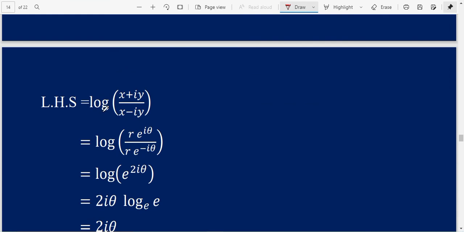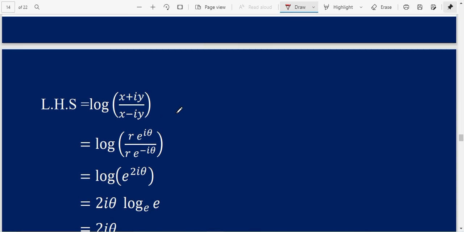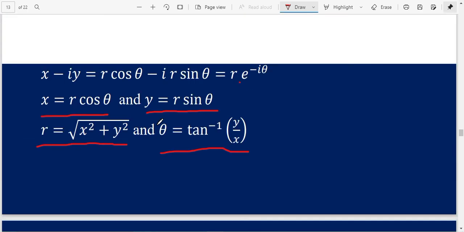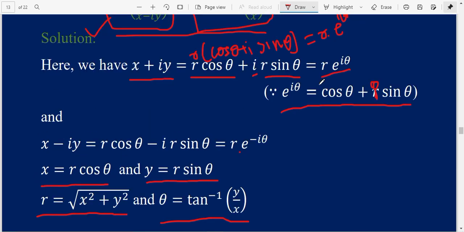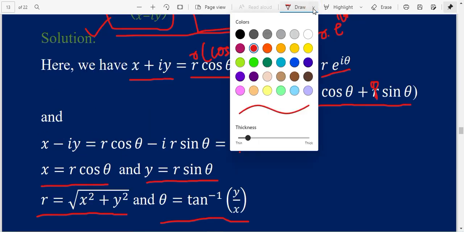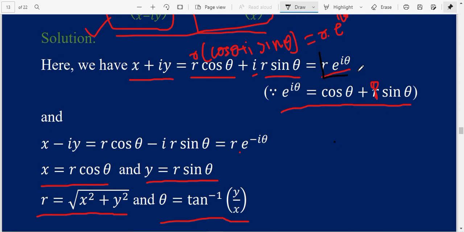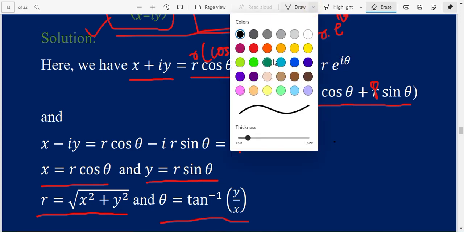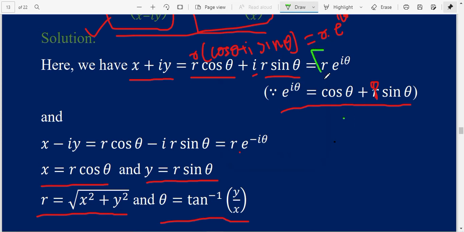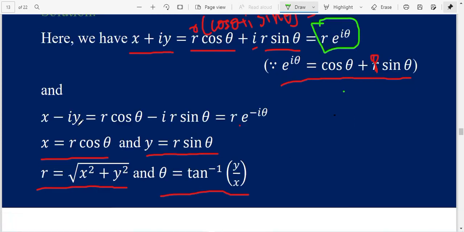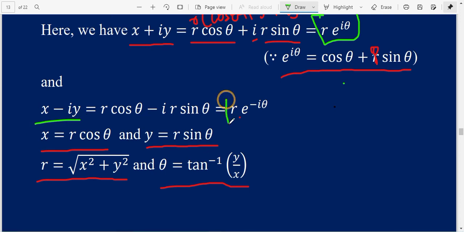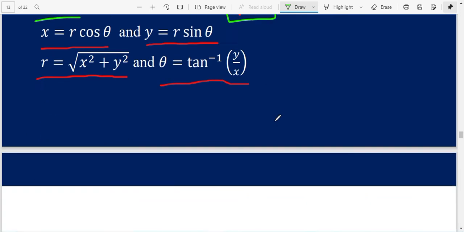So the left hand side is equal to log of (x plus iota y) upon (x minus iota y). Put the value: x plus iota y is equal to r e raised to i theta, and x minus iota y is equal to r e raised to minus i theta.